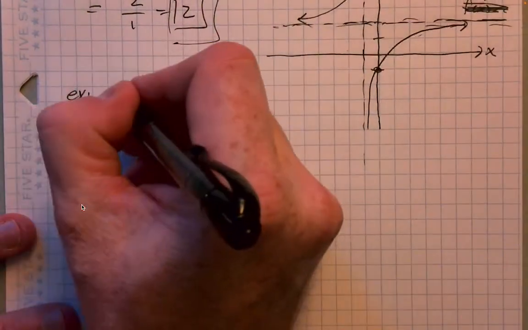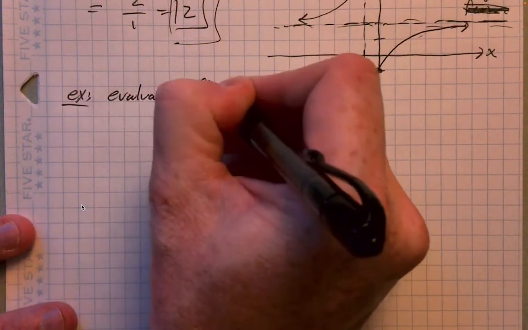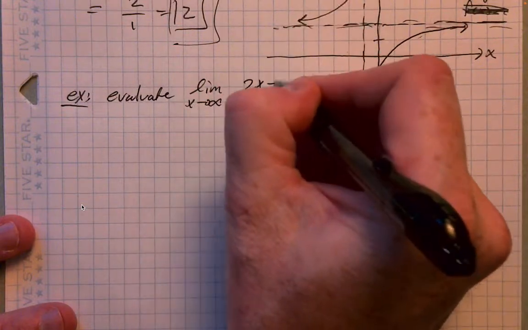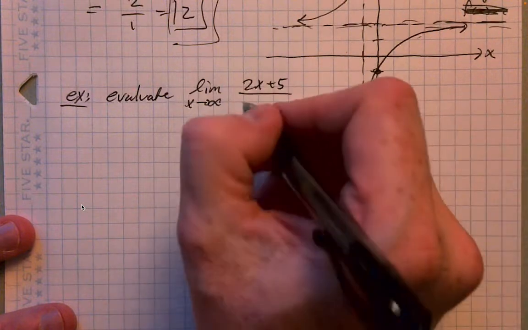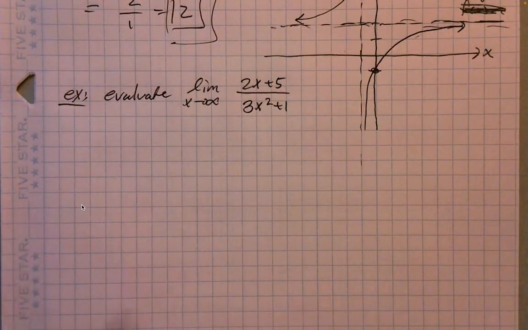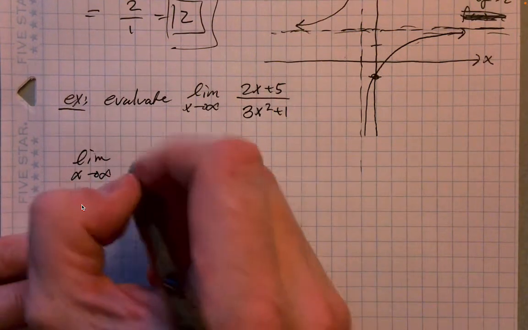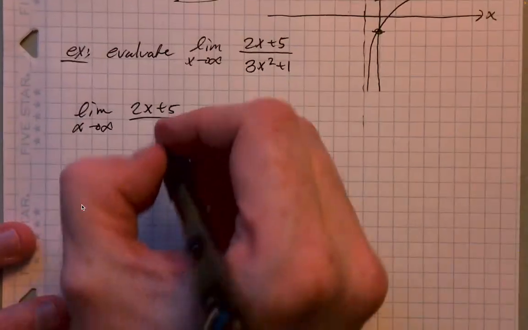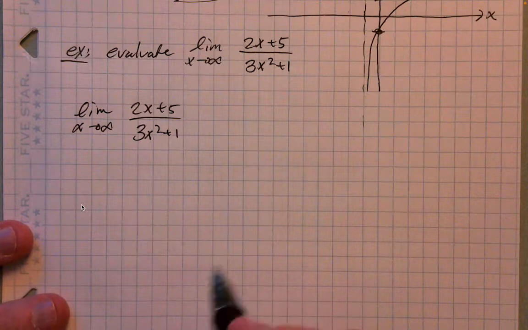So what about: evaluate the limit as x goes to infinity of 2x plus 5 over 3x squared plus 1. What happens here? Well, let's try the same trick again and see what we get.